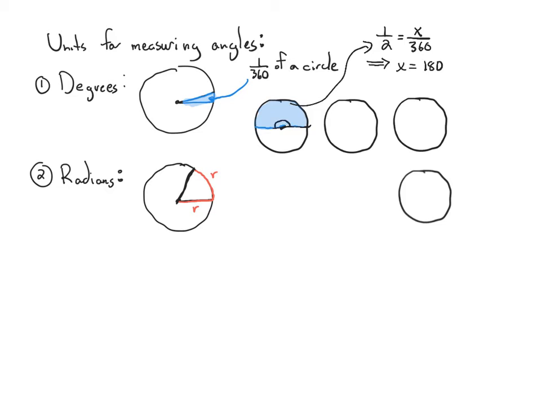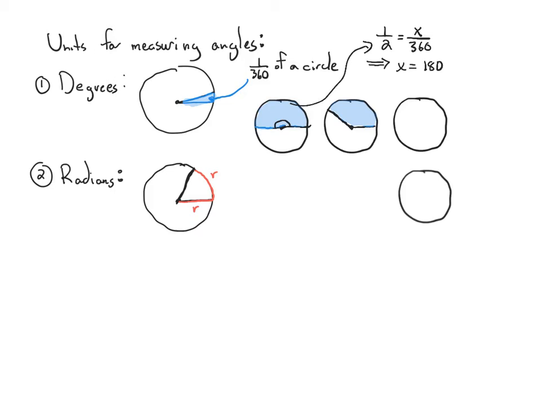We can talk about 1/3 of a circle. So this is roughly 1/3 of a circle, say. What is that going to be in degrees? So let's go ahead and shade that in. And we can play that same game.